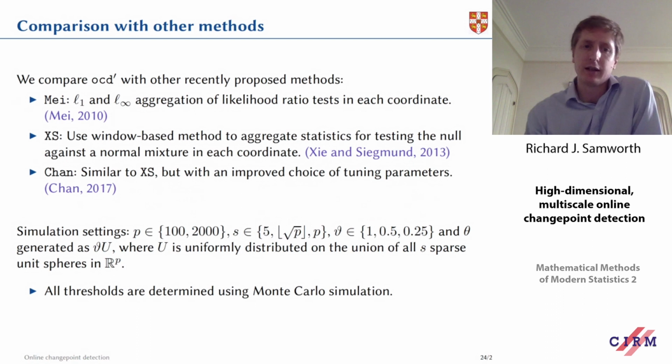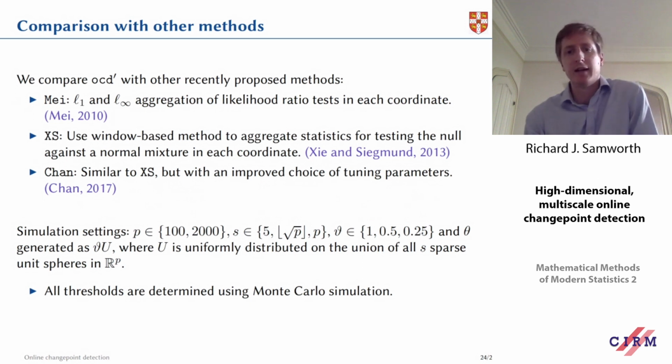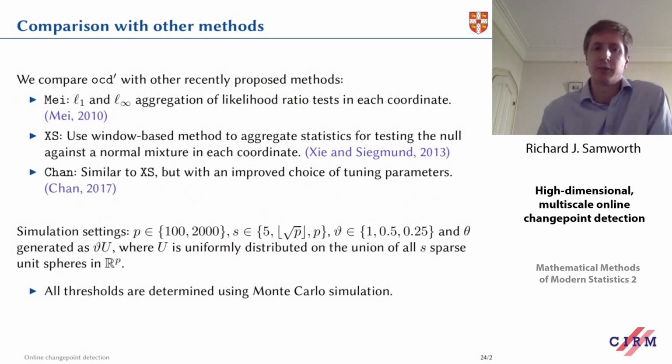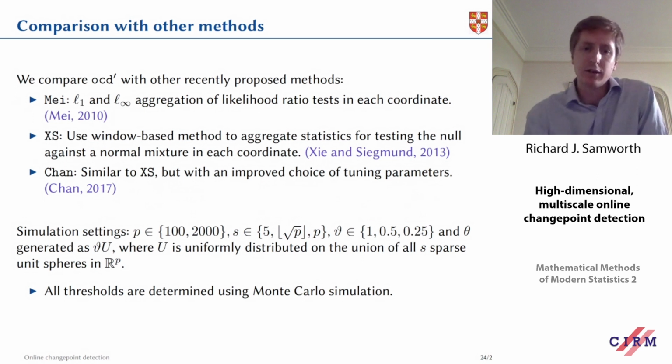The second comparator is an algorithm by Xi and Sigmund, which uses a scanning window based approach that we discussed earlier, and tests the null hypothesis that you've got no change against a normal mixture alternative where each coordinate has a change with probability p0. The Chan algorithm is rather similar to the Xi and Sigmund algorithm, but it uses different values of the tuning parameters.